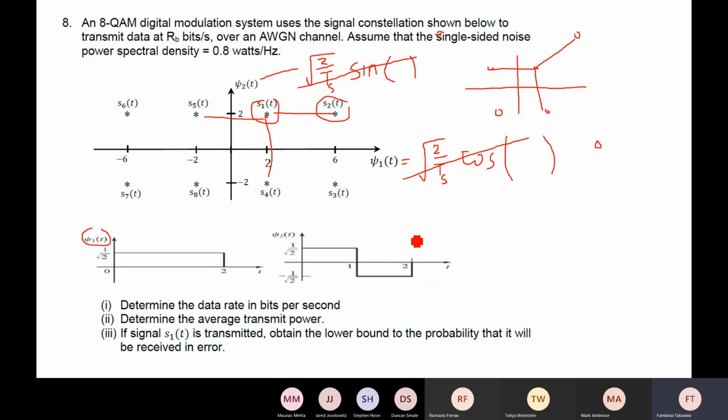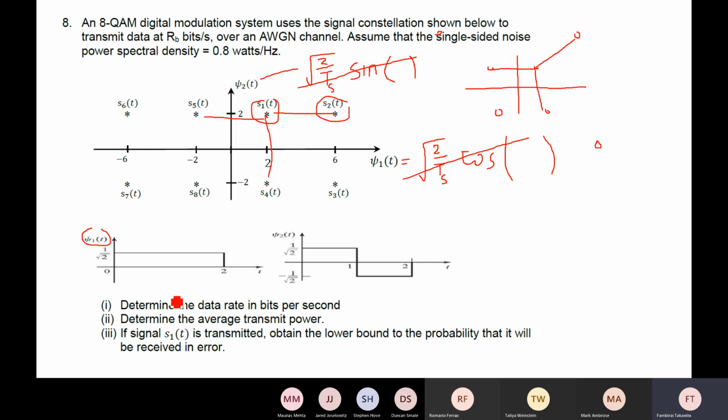Oh, okay. Right, so the first part here is determine the data rate. Now, in this case, ideally, this should simply say determine the maximum data rate.